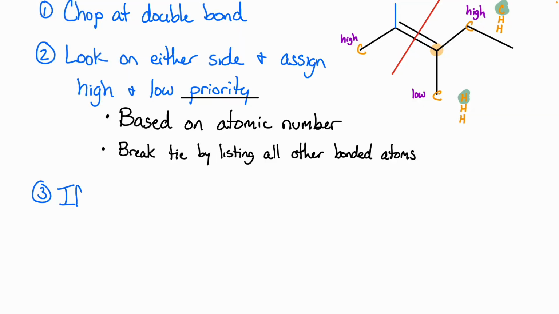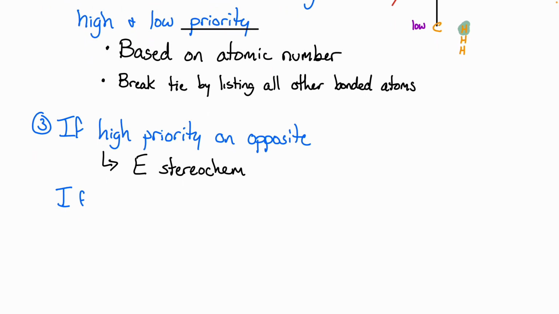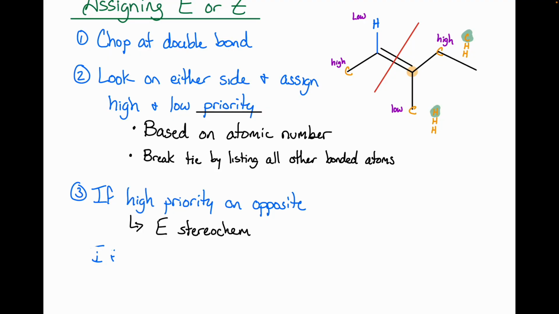If the high priorities are on opposite sides of that double bond, this is an E stereochemistry. And if they're on the same side, that is what we would call the Z stereochemistry.